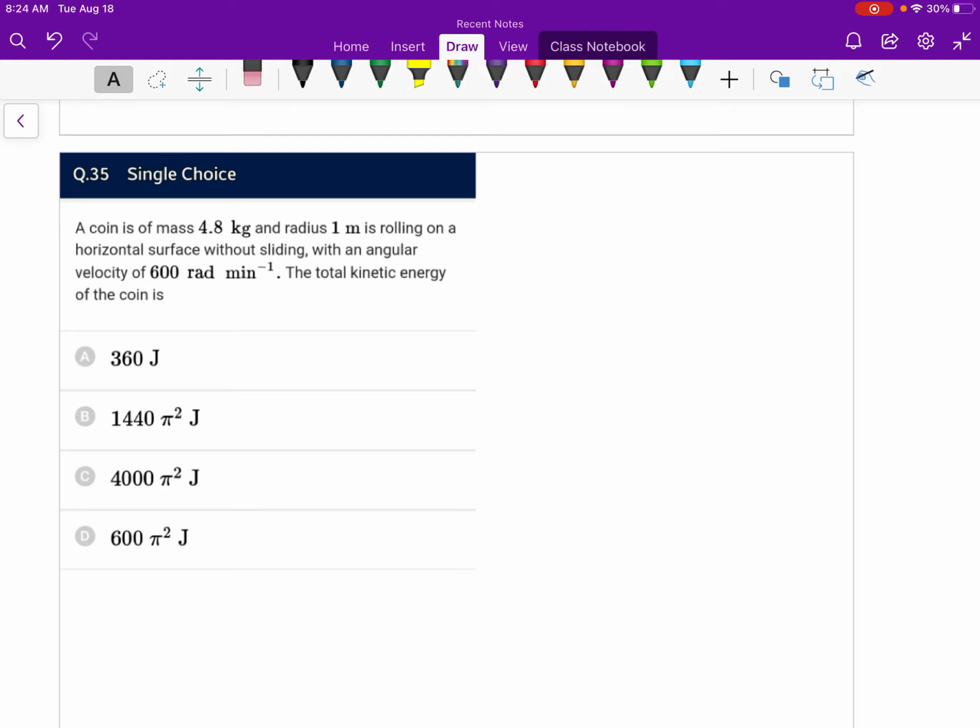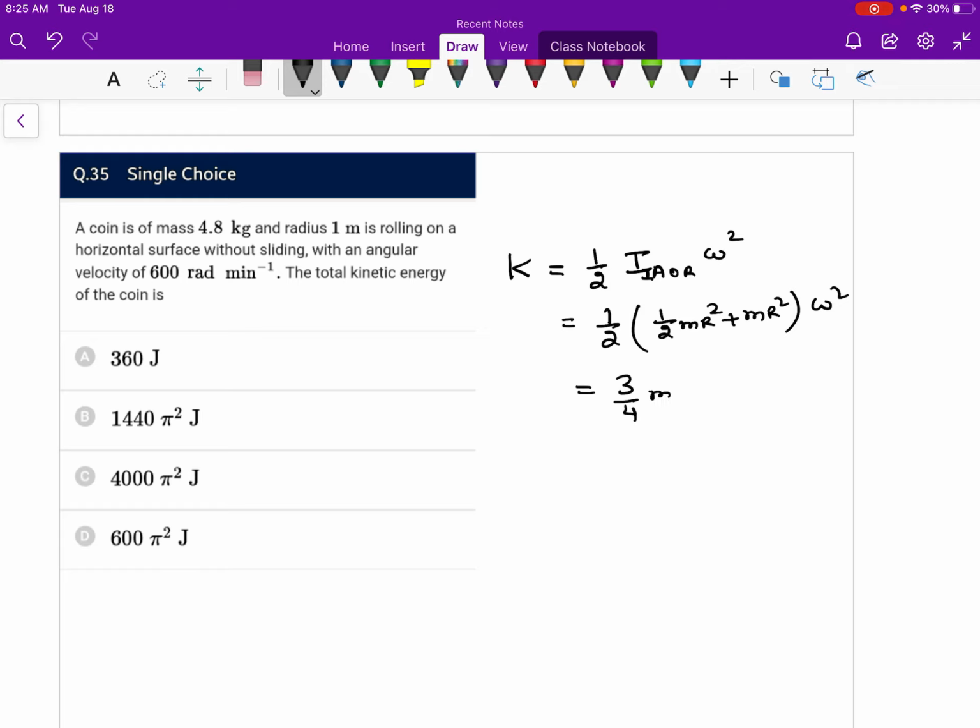A coin of mass m is rolling on a horizontal surface. The coin is a disk with an angular velocity omega, find the total kinetic energy. Either you can write half I about the instantaneous axis of rotation into omega square, that is half I about IAOR, which is (half mr square plus mr square) into omega square, that is 3/4 mr square omega square.